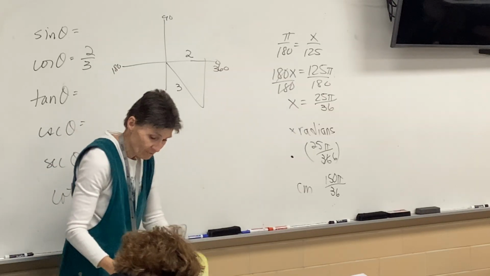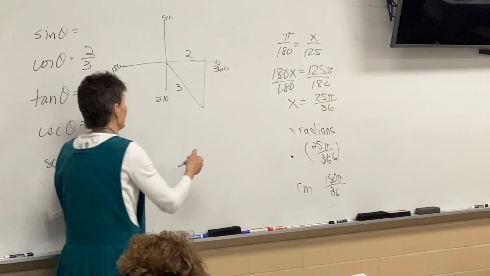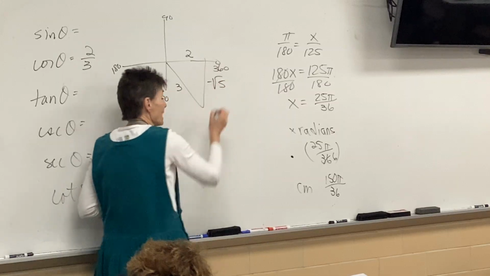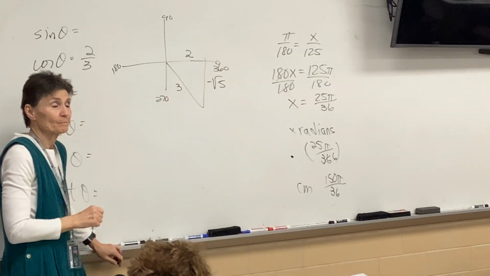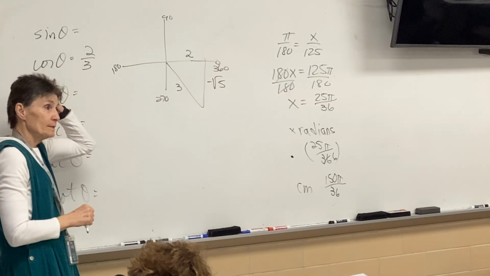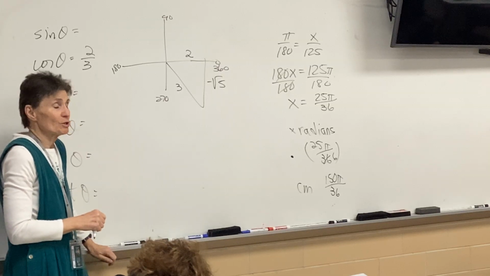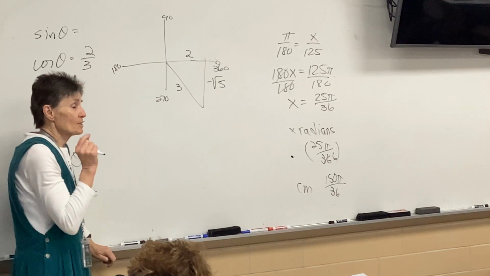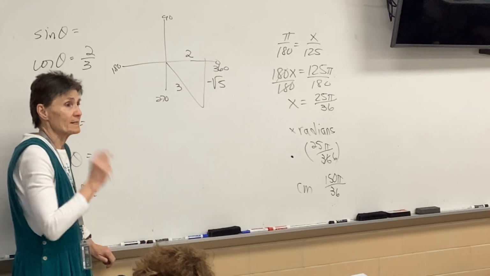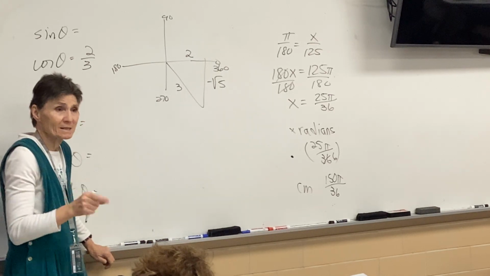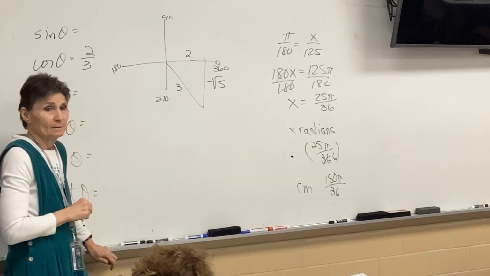Square root of 5. Be really, really super careful though, it's actually negative square root of 5. Did you catch that? You get sick of me saying it, but you have to remember, as soon as you draw a triangle someplace other than quadrant 1, you must have some negatives in there.